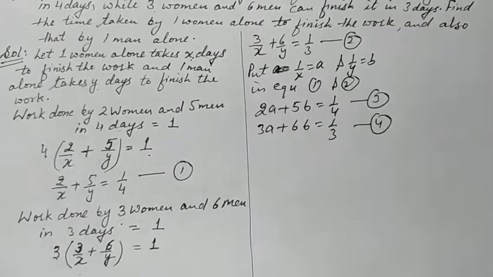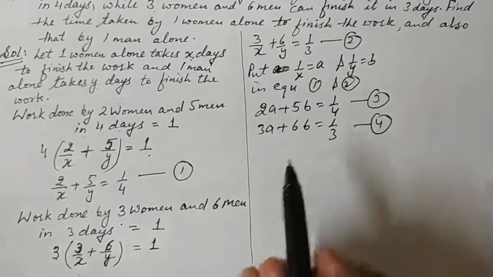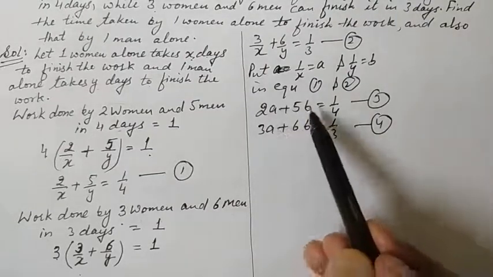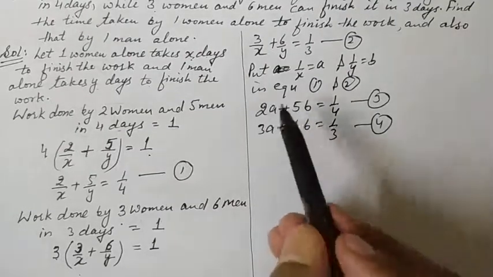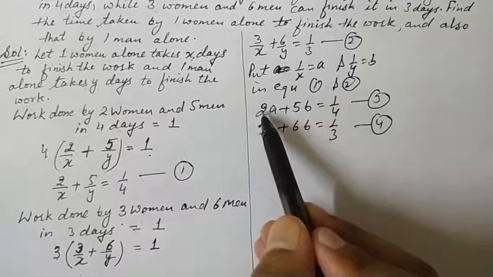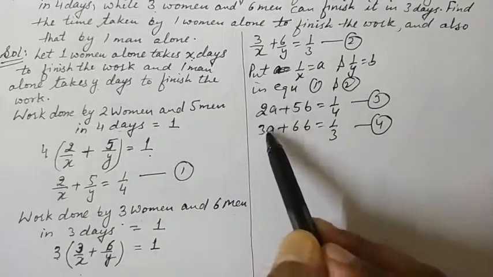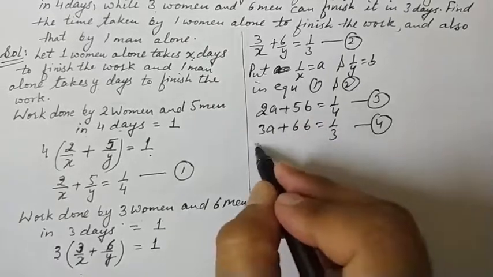We are to solve these two equations by the elimination method. In the elimination method, we make the coefficient of either a or b the same in both the equations. So if I multiply equation 3 by 3 and equation 4 by 2, the coefficient of a will be 6, so it will be the same.